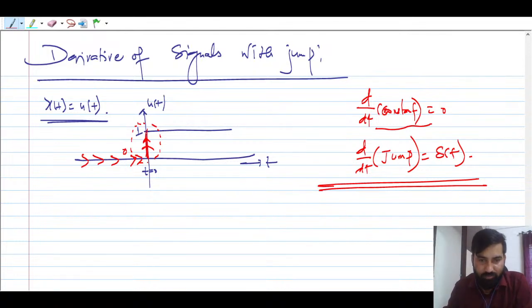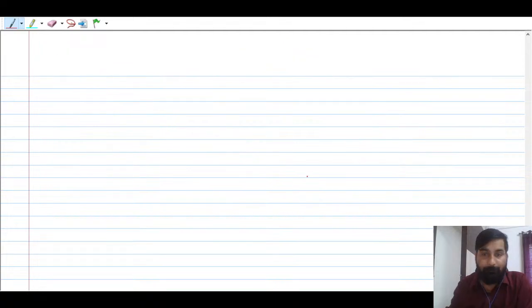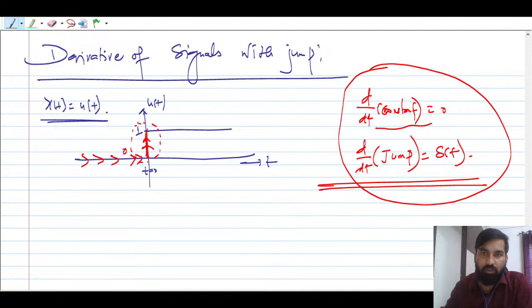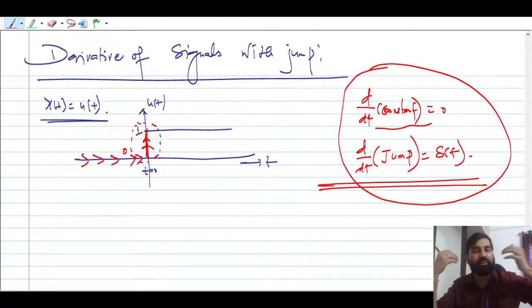These two points you have to remember always: d y by d t of a constant is going to be 0, and the derivative at a jump gives an impulse.